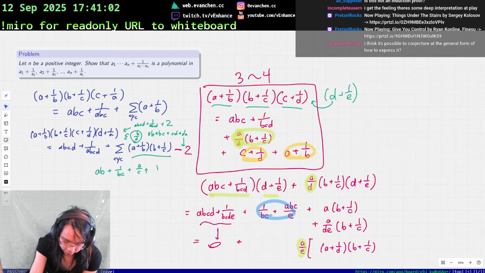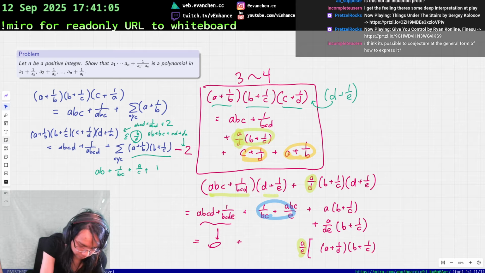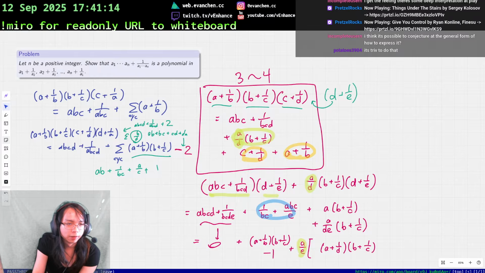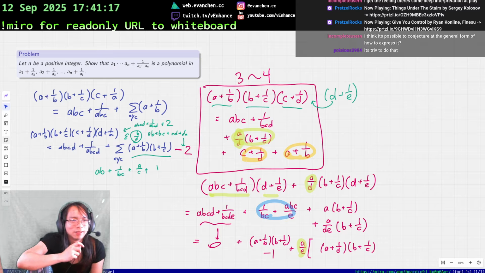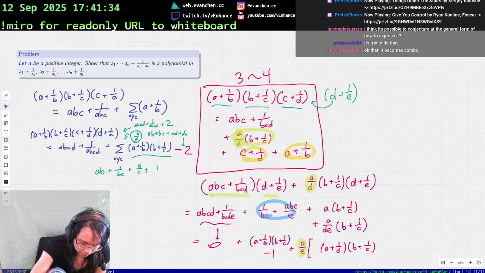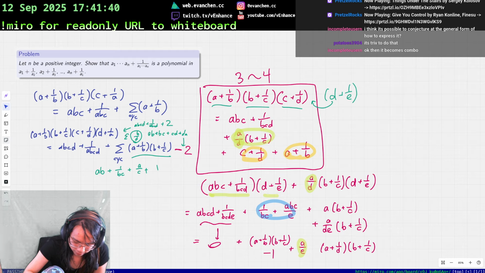Meanwhile, the part that isn't screwed is a plus 1 over b, b plus 1 over c minus 1. I feel like I'm off by 1 somewhere. Somewhere along the lines, something got messed up with the parity. Oh, I'm missing an a over c term.